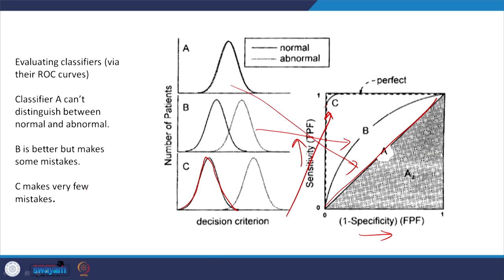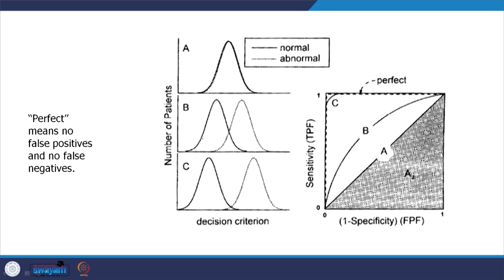C makes very few mistakes; it is not completely separate. The reversed L shape is the perfect line. So this picture connects the ROC curve with the different types of true positive and true negative distributions.